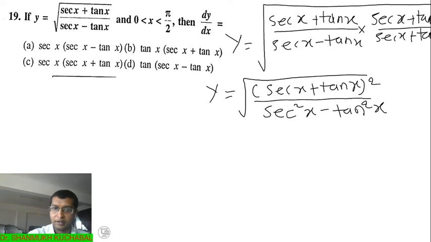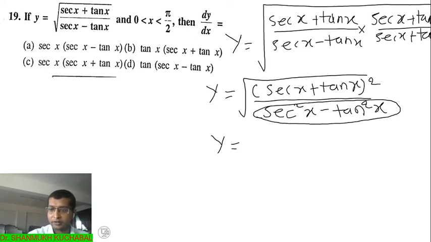The value of the denominator, sec square x minus tan square x, is 1, so the denominator becomes 1, and in the numerator square and square root get cancelled, so we get sec x plus tan x.